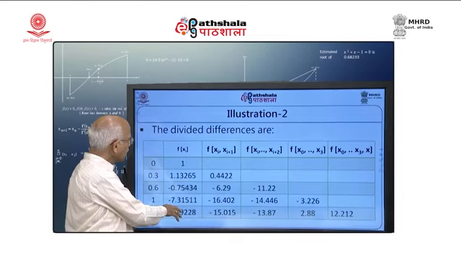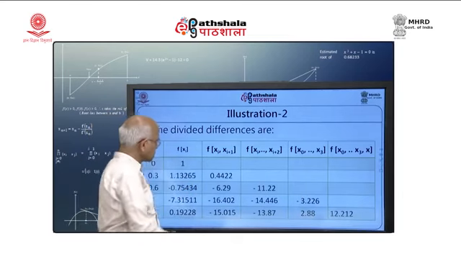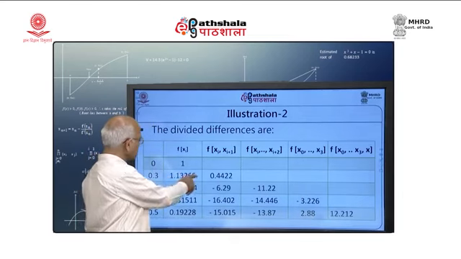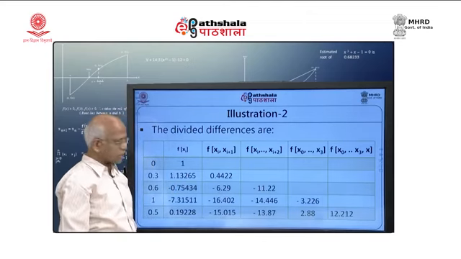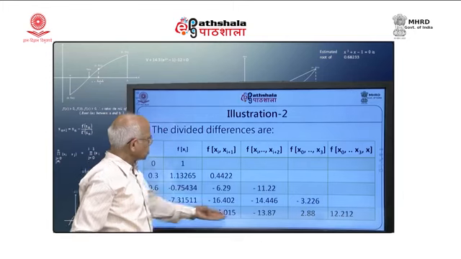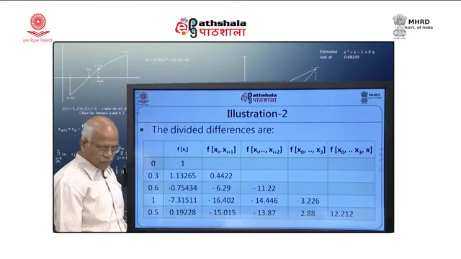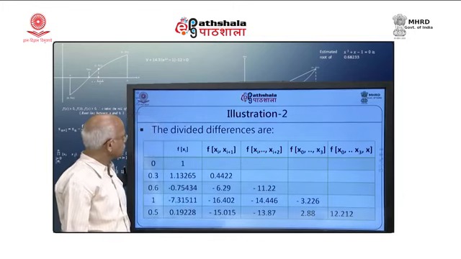Then we find all these differences, each as this minus this divided by this minus this. We have already done such an exercise earlier, so you can compute this divided difference table.